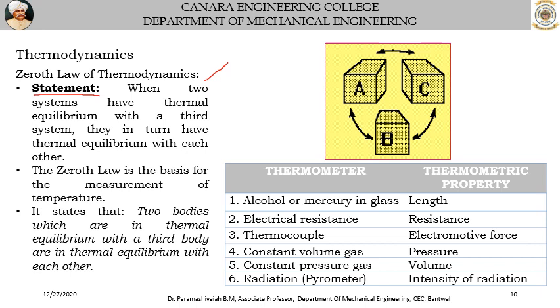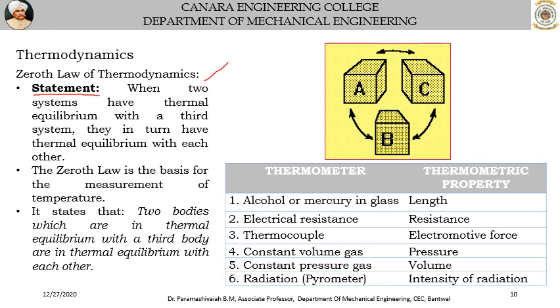So, what it states is if you consider a system A, then system B. These two are in thermal equilibrium. That means both are at same temperature. So if you bring in contact A and B, then there will not be any heat transfer from A to B or B to A because the temperature of these two is same.